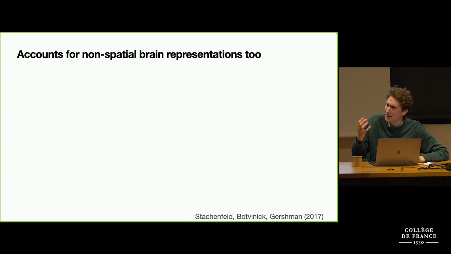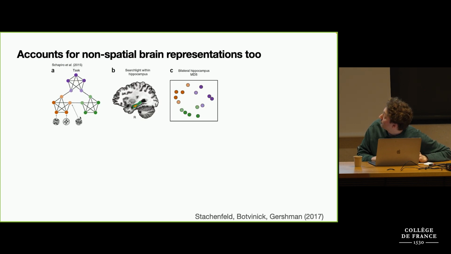And because this accounts for non-spatial situations as well, I mean the graphs don't have to be spatial, they could be of family trees, they could be anything, the same high-level concept applies to those situations as well. So for example, if we now take a graph which consists of these three clusters, we can show participants a sequence of objects, where each object is associated with one of these nodes.